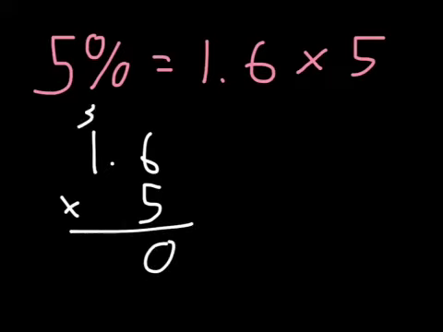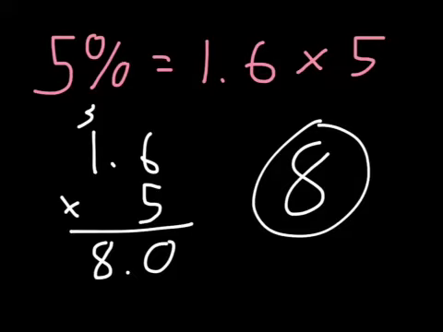Carry our 3 here. 5 times 1 is 5 plus the 3, 8. And of course we need to move our decimal over 1 space because we have a decimal point right there. And so 8.0, or in other words, 8. 5% of 160 is 8.